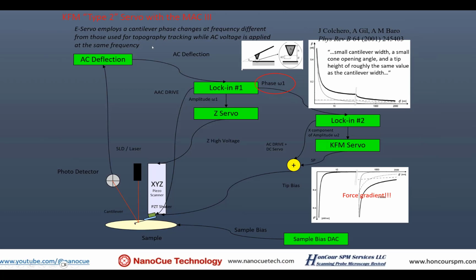So instead of routing the deflection signal, we route the phase output from lock-in number 1 to feed into lock-in number 2. And therefore, we're actually detecting the shifting of the primary resonant frequency.